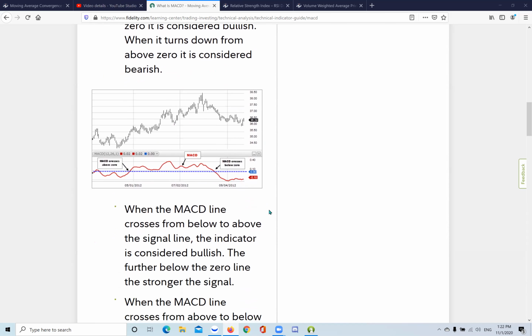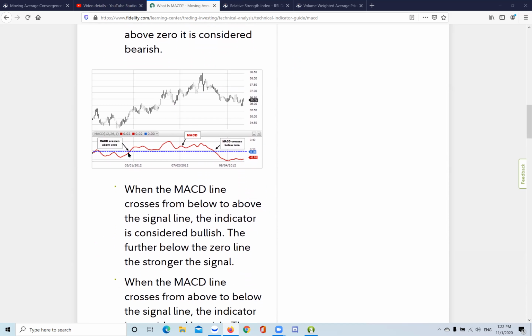So this is the line, okay? It touches the line and goes up, meaning bullish, from under zero to above zero. When it goes from above zero to below zero, it means bearish. So this over here is bearish.